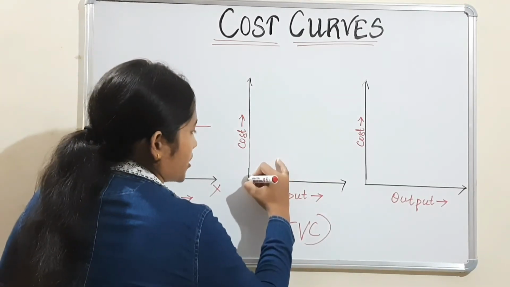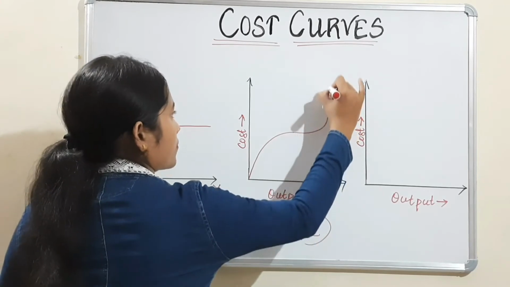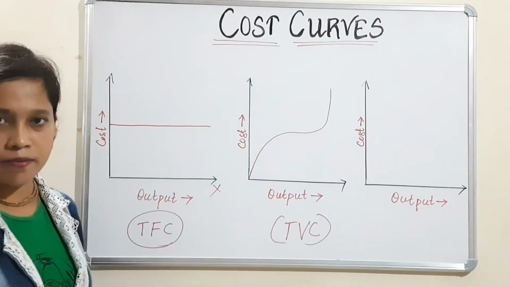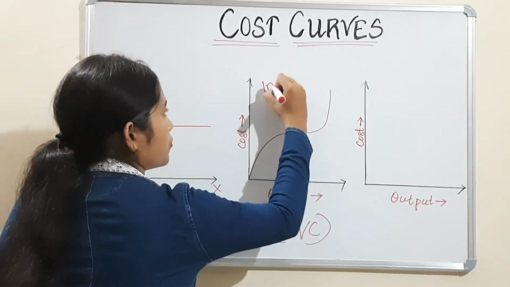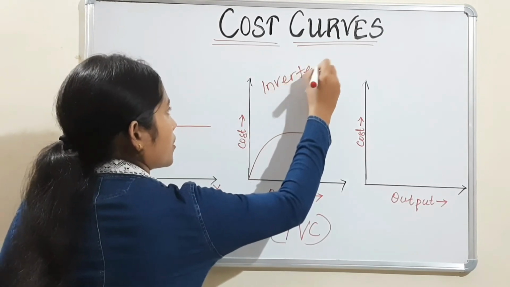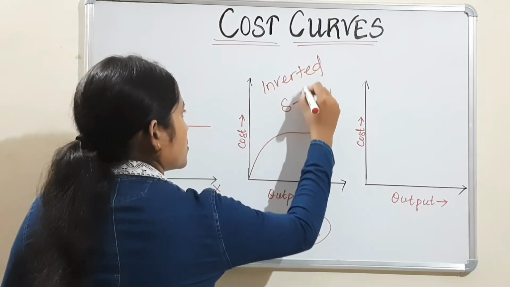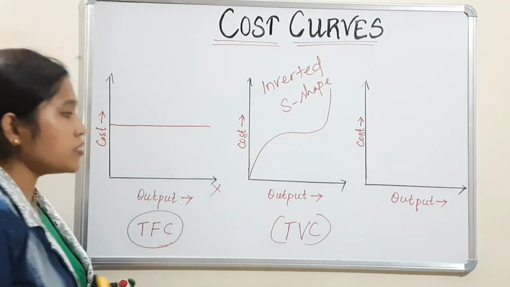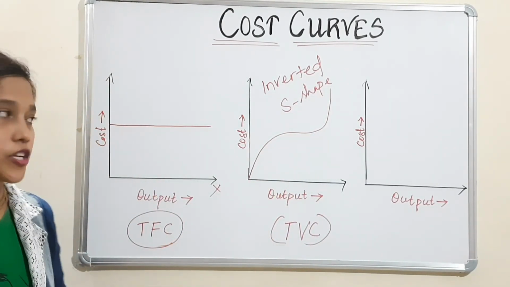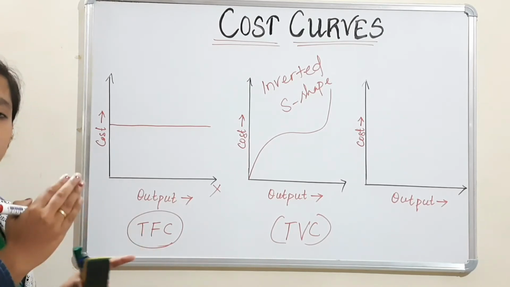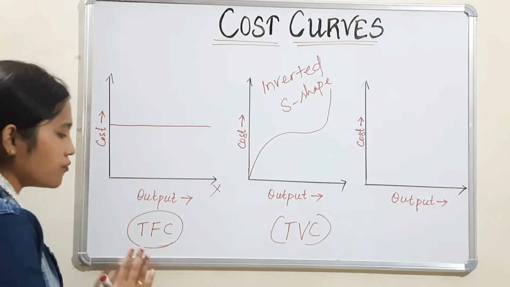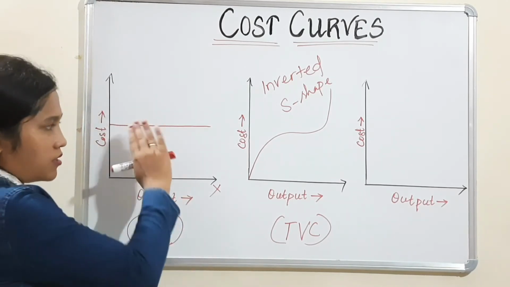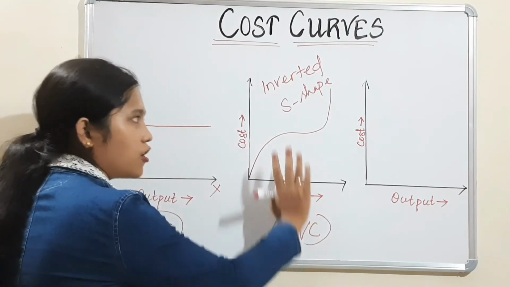And the shape is inverted S shape. Remember, this is a short question: total variable cost shape is an inverted S shape. So you now know what total fixed cost and total variable cost are graphically.